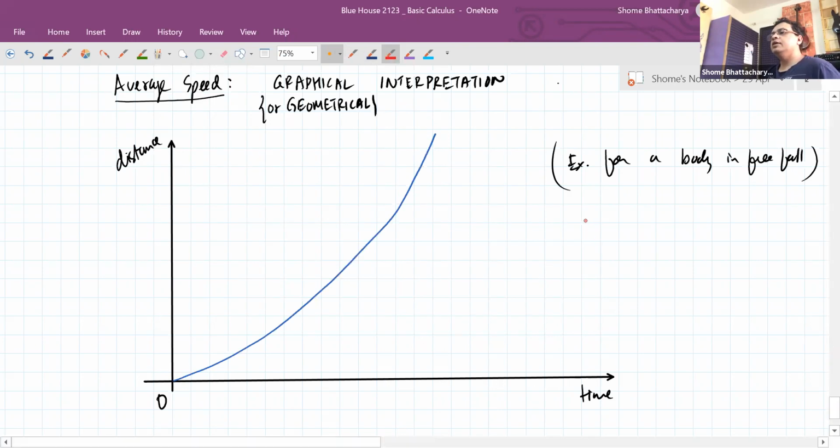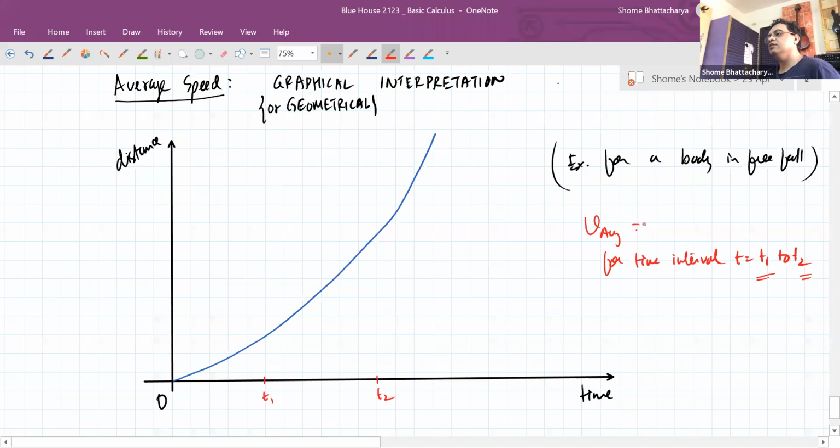Now, if I want to calculate average velocity for time interval t equal to t1 to t2. So these are two specific instants of time. So let's say t1 is a time which on the time axis is lying over here, and t2 is lying over here.